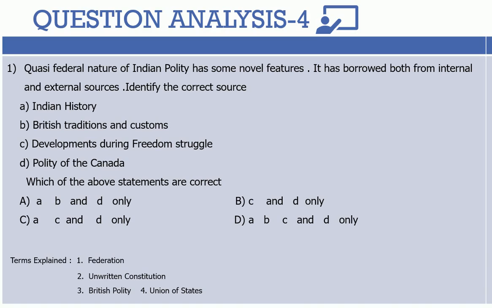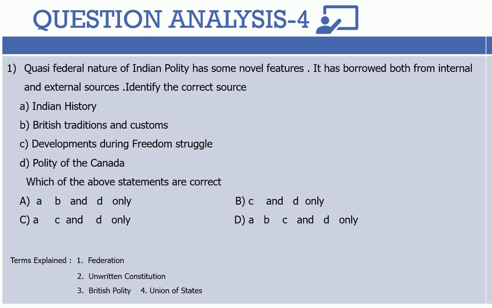Then it is called unitary. The examples for these respectively are: for a federal state, it is the USA. Quasi-federal, it is India. And for unitary polity, it is Britain. So these are the three examples. Coming to the Indian context, the quasi-federal nature of the Indian polity, in special circumstances like emergencies, it will become a unitary state.